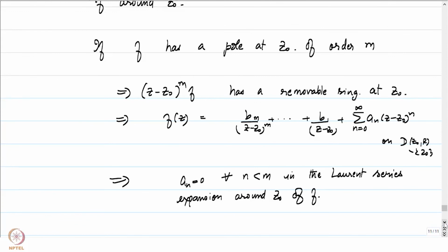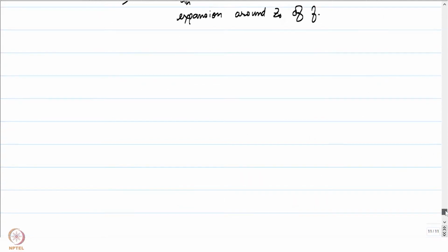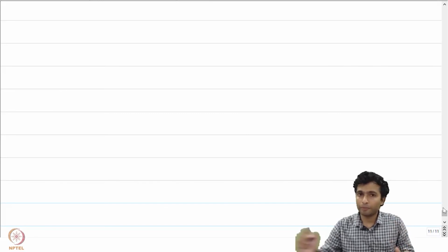And if you backtrack these arguments by going along the opposite direction, you will see that if a_n is equal to 0 for n less than minus m, then our function f has a pole of order m.